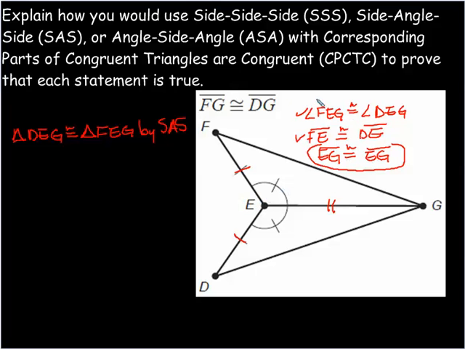Okay, now I didn't write them in the order up here, but if you look, you've got side, and then you've got the angle, and then you have side. So side angle side. Oh, here's a side over here too.